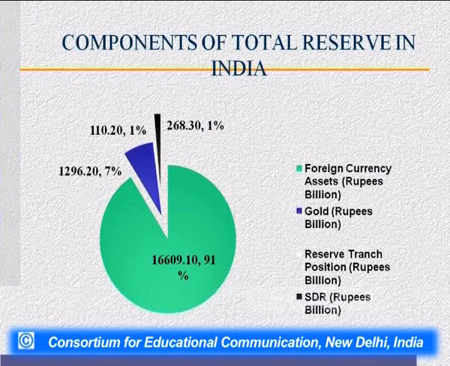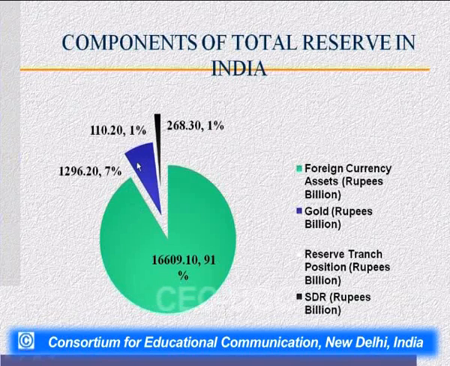The foreign currency asset has the highest percentage, with 16609.10, which is 91%. In the total foreign exchange reserve, the component which has high liquidity is called foreign currency assets, which is 91%.